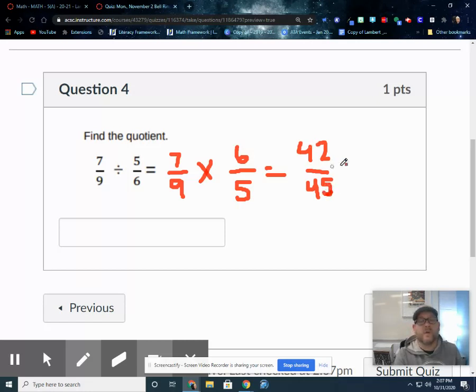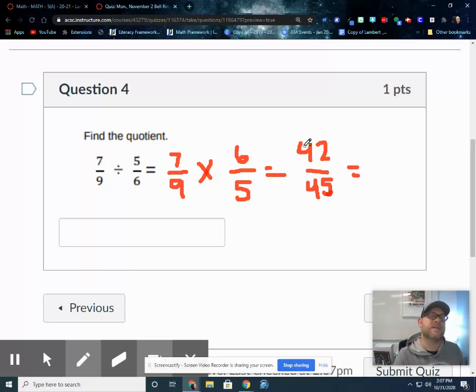Now, we would simplify this if we could, but we would have to find factors that these two numbers have in common. And off the top of my head, I'm not real sure. Oh, you know what? There is one. I have to think this through, but 42 and 45 are actually both divisible by 3. I was thinking 6s and those don't work, but 3 will actually work.